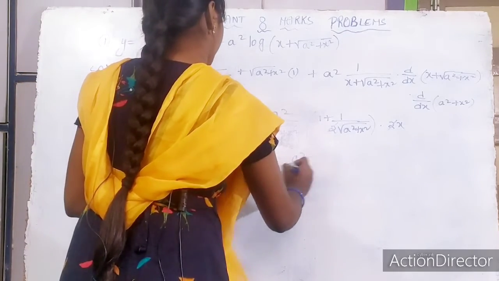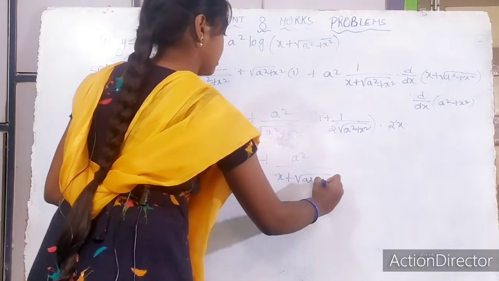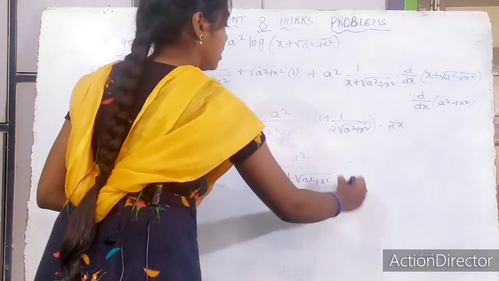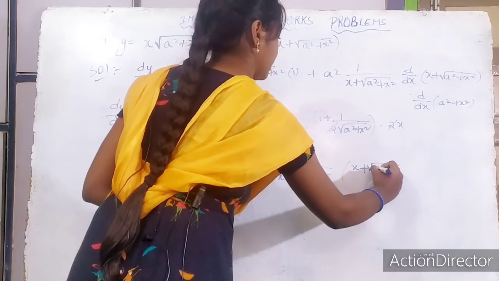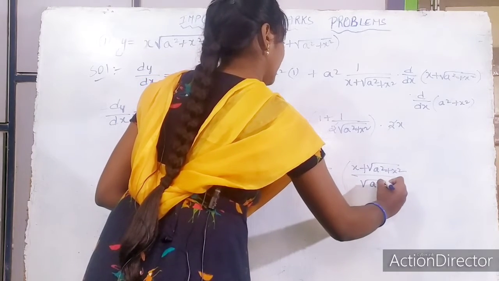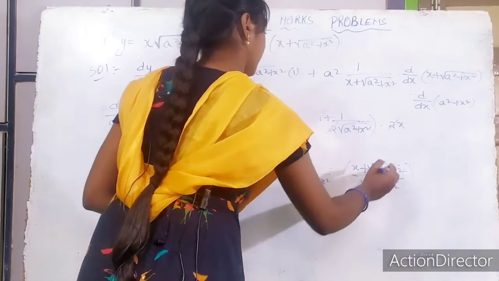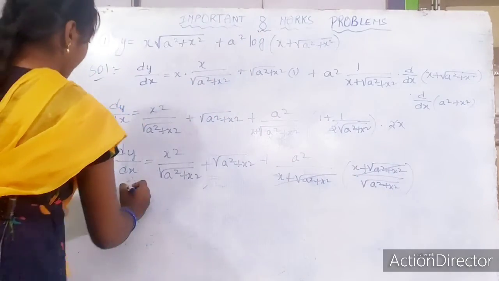plus a square divided by x plus root of a square plus x square into, here we take LCM, that is x plus root of a square plus x square divided by root of a square plus x square. Here x plus root of a square plus x square gets cancelled.